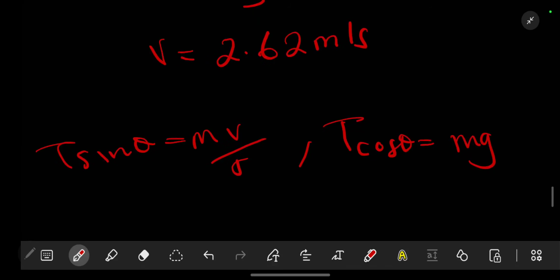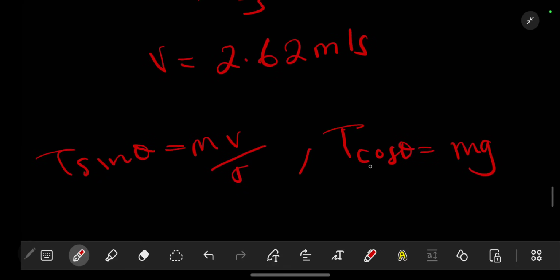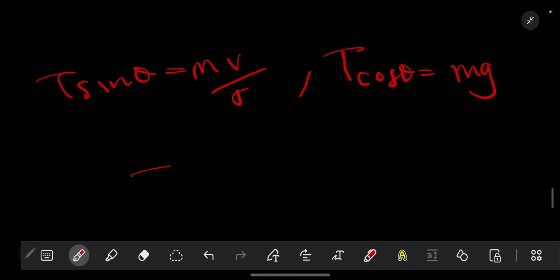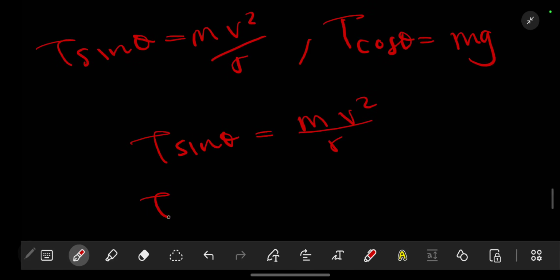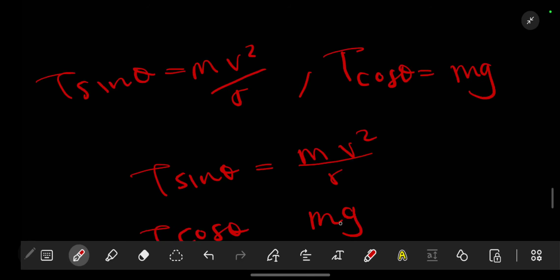So always the one with the cos is the one that you divide into there so that you can make tan. So we have T sine of theta equal to mv squared over r, and T cosine of theta equal to mg, so we are dividing.